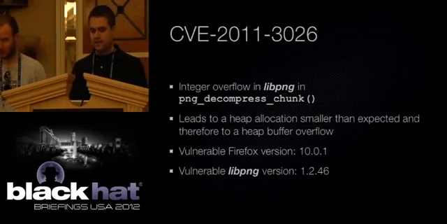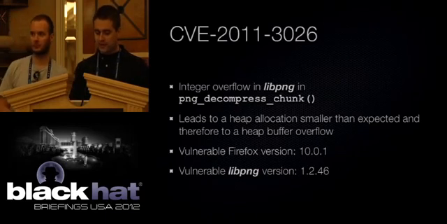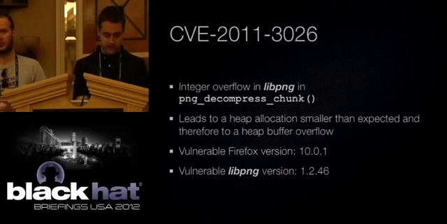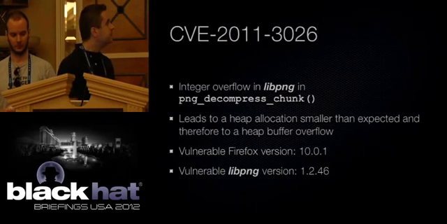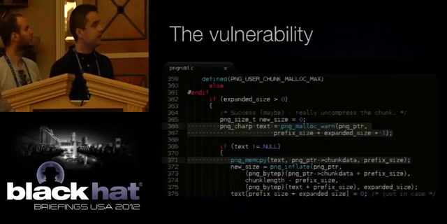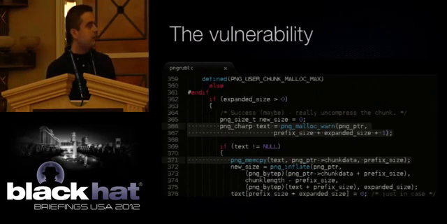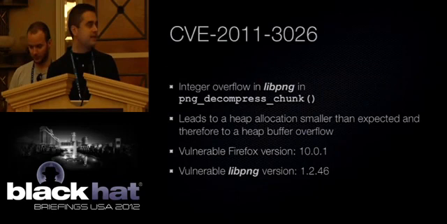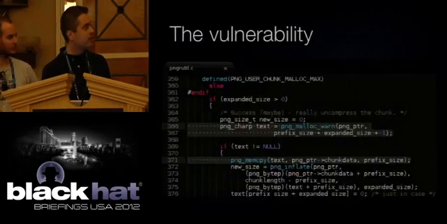Okay, so that's some code from libpng that has the bug. Here is the vulnerable malloc call. We control prefix size and expanded size through the PNG file, and we can make this overflow.